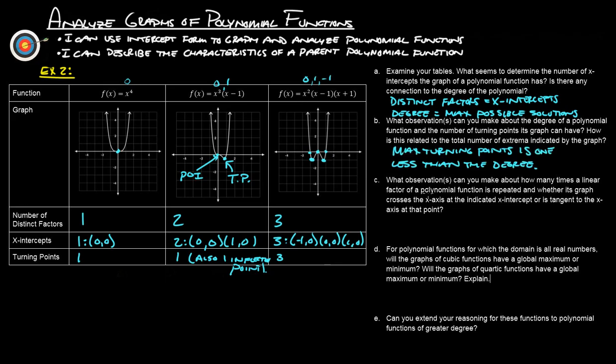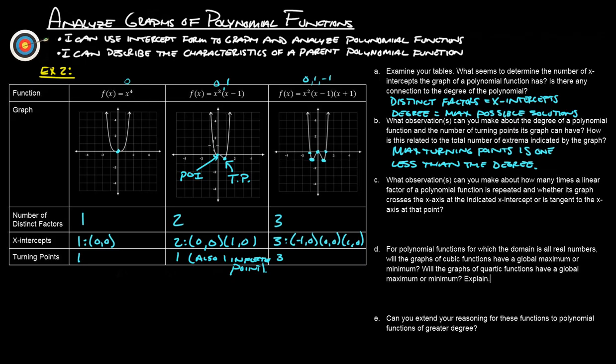All right, what observations can you make about how many times a linear factor of a polynomial function is repeated and whether its graph crosses the x-axis at the indicated x-intercept or is tangent to the x-axis at that point? This is a good question. If you'll notice here, it comes down here and basically just bounces off right there and goes back up. That's x to the 4th.